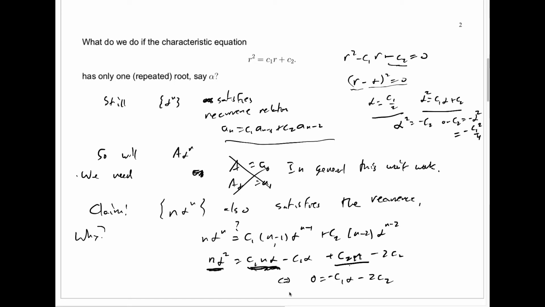This equation that has to be satisfied is equivalent to 0 equals c1 alpha plus 2 c2, and c1 alpha is equal to c1 squared over 2. 2 c2 is twice this quantity here, which is minus c1 squared over 2, and we see that this equation certainly holds. C1 alpha plus 2 c2 holds.